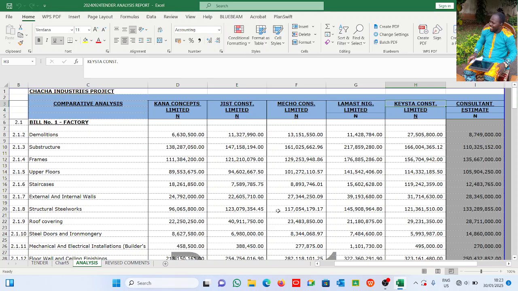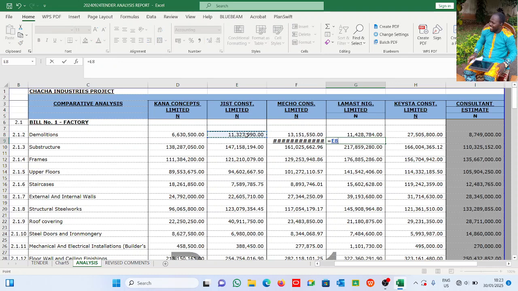What I mean by arithmetic check: ensure the multiplications are right, the summations are right, everything is okay. Take for instance, a contractor wants to multiply, like in Kana Concept, this times this, but he multiplies this times this.